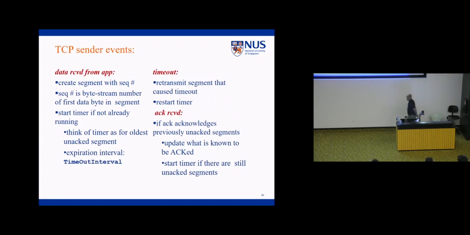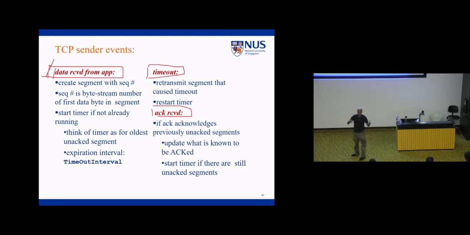Let's look at the TCP sender in a little more detail. How does the sender behave? In general, the sender reacts to three events: when it receives acknowledgements, when there is a timeout, and when the application gives it data. So when the application gives TCP new data to send, what does it do?